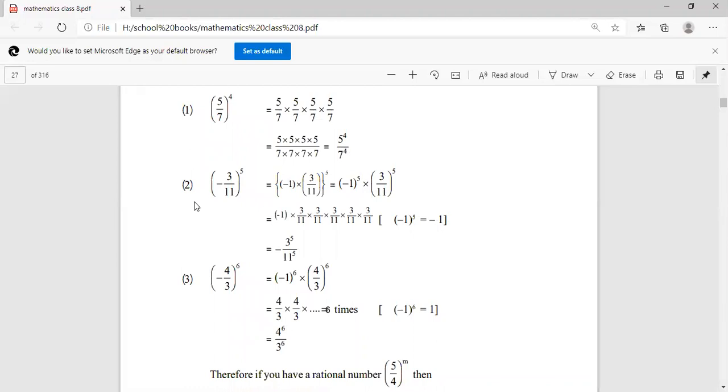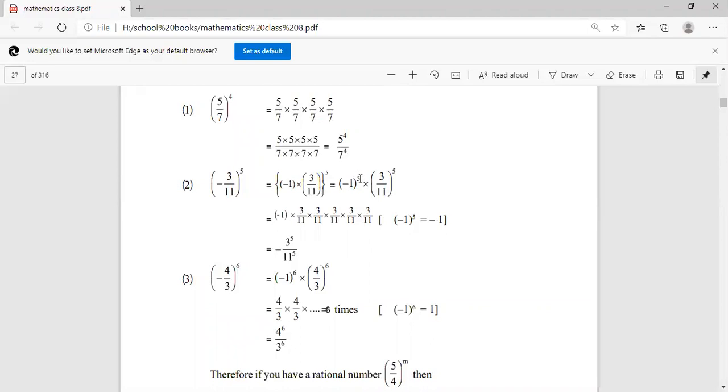Okay, and the second one also is a kind of variety, that minus 3 by 11 whole to the power 5 it is written, no? So that will be equals to minus 1 into 3 by 11 whole to the power 5. And further you will separate the power and write it as minus 1 to the power 5 multiplied by 3 by 11 whole to the power 5. And dear students, we already know that minus 1 to the power 5, here the power is odd.